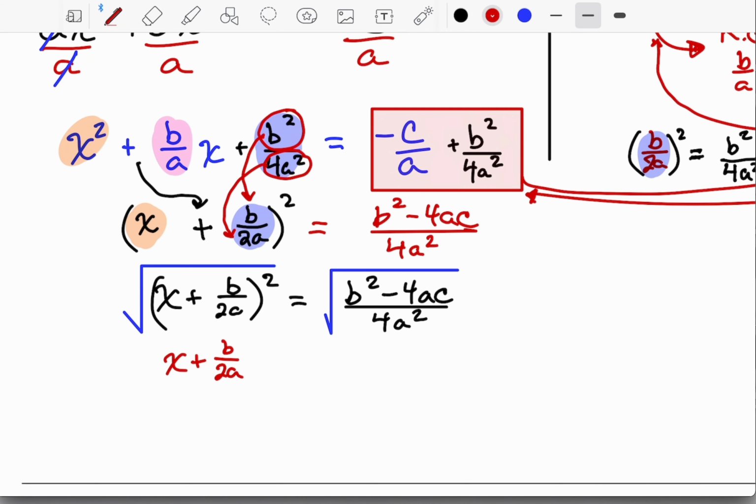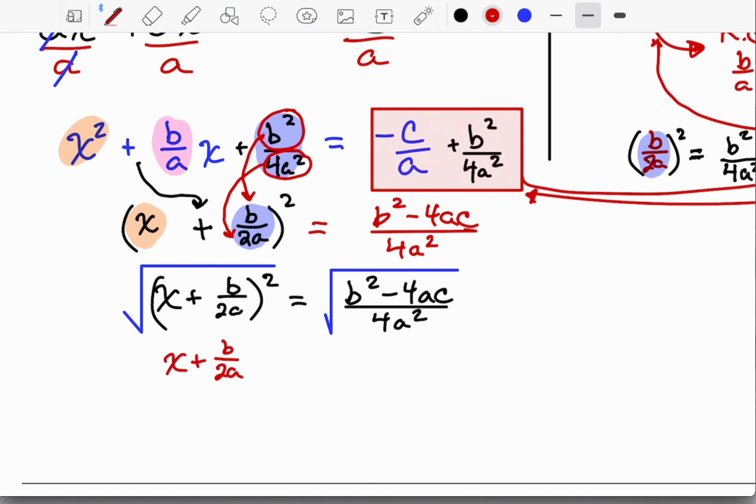On the right-hand side, you have a big old radical, but the bottom of that big old radical is a perfect square. You see it's got a 4 in it. We know that's perfect. The a squared is perfect because it has a power of 2. Right? Any even power is considered a perfect square.